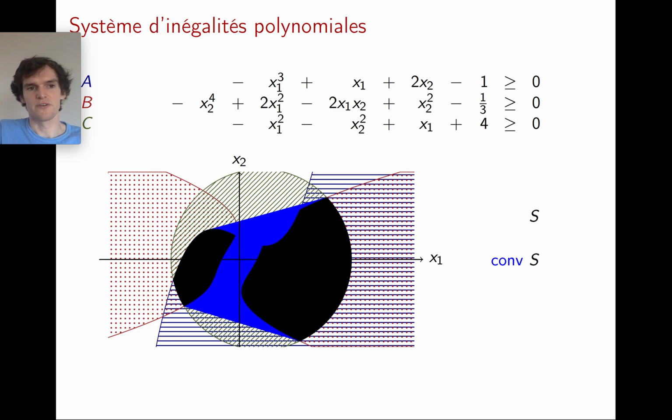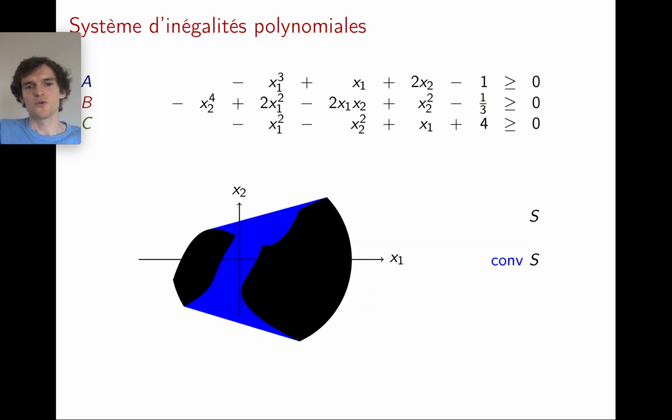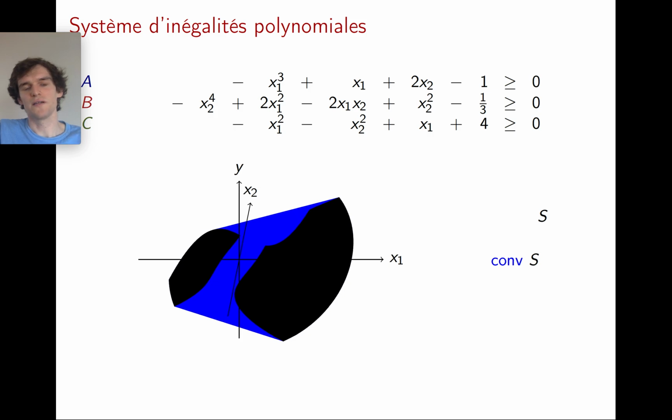So various definitions: the intersection of all the convex supersets is one of them. And so to give an idea of what's going on here, to deal with this system of constraints, we're going to lift our problem, as you see here, by adding these variables y.